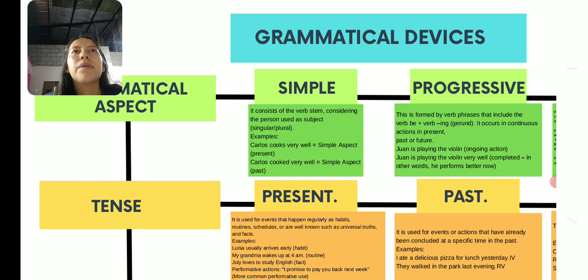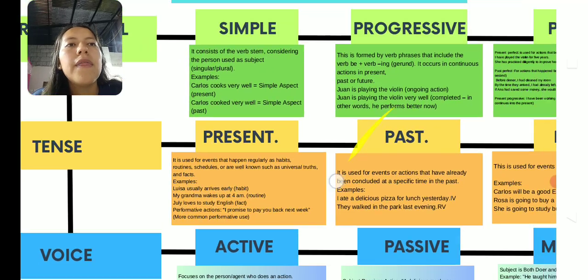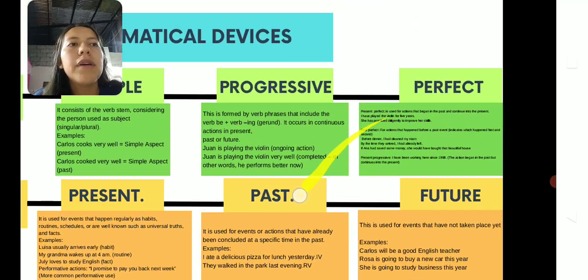That is why we need to understand the difference between stative, non-action, and dynamic, action verbs. The subdivisions of the grammatical aspect are three: the simple, the progressive, and the perfect.